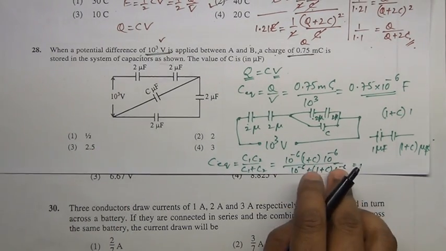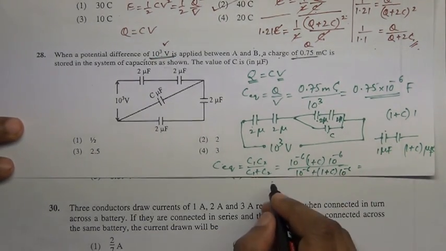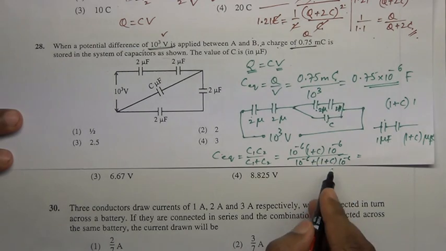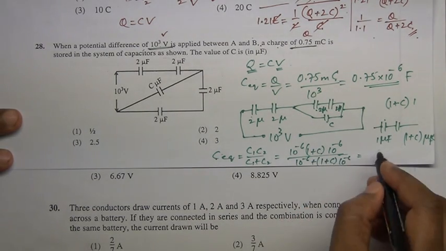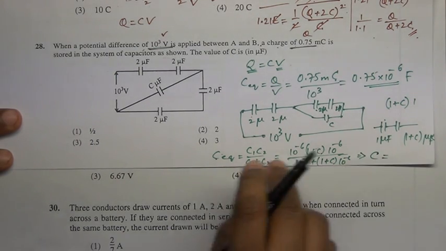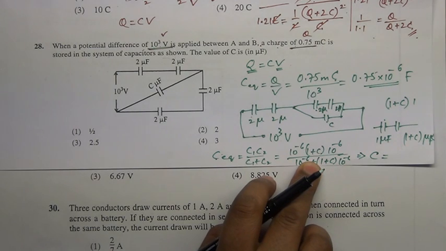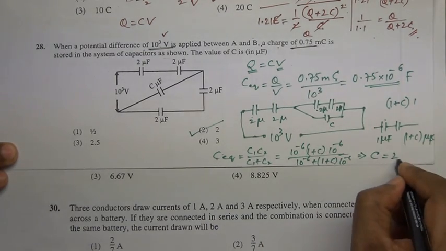Simplify this. C is the unknown, C equivalent is already found out. Therefore C turns out to be 2 microfarad.